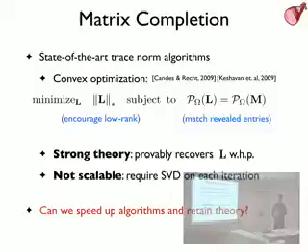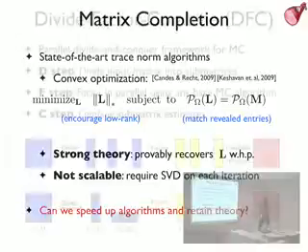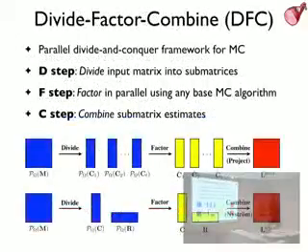So the goal in our work is to come up with a way to speed up these algorithms, keep the nice empirical performance, and also retain the theoretical guarantees associated with it. We came up with a meta-algorithm called divide, factor, combine. It's a parallel divide and conquer framework, and it involves the use of some base matrix completion algorithm, and then it involves 3 steps. It's very simple. First involves taking the input, dividing it into a bunch of submatrices.